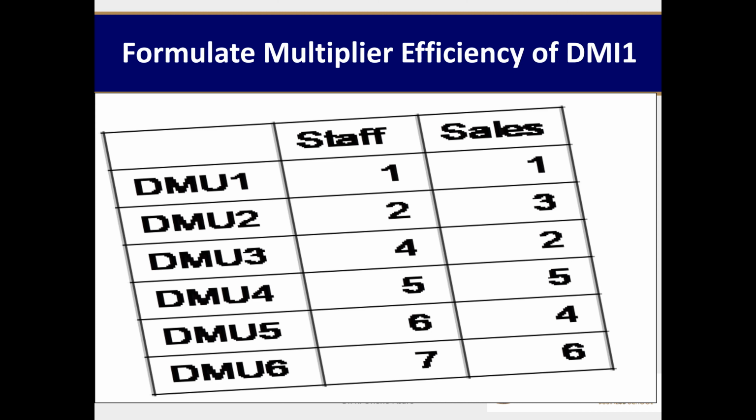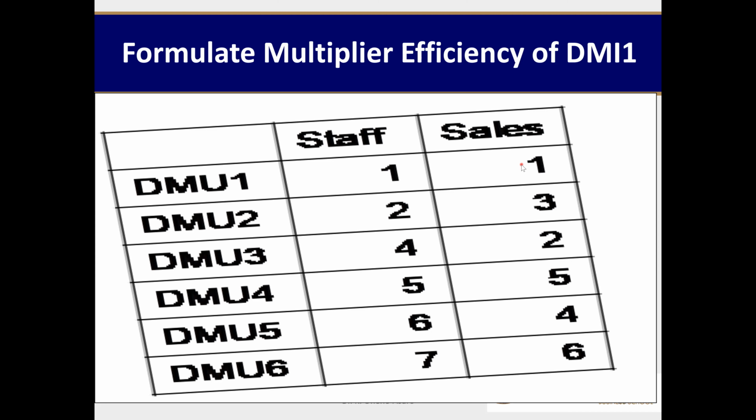Okay, so we know this already. How do we formulate this? Now, the first thing you have to do, and we are doing it for DMU1 here, the input of DMU1 is 1. The output is also 1. So we are using the input of 1 and the output of 1. We've got to maximize that ratio, the ratio of 1 over 1.